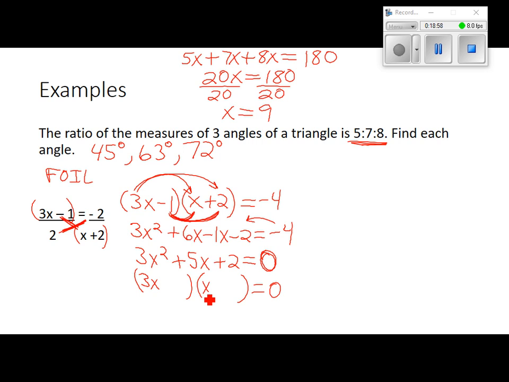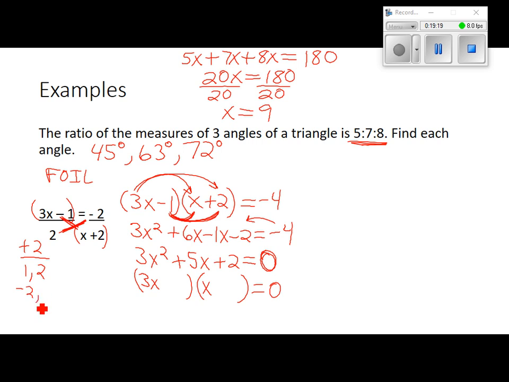Then we find the factors of the first term, which were the 3x squared. Then you find the factors of the last term. What are the factors of 2? 1 and 2. Positive 1, positive 2. What else could work? Negative 2 and negative 1.